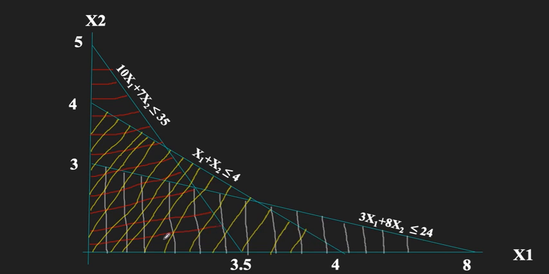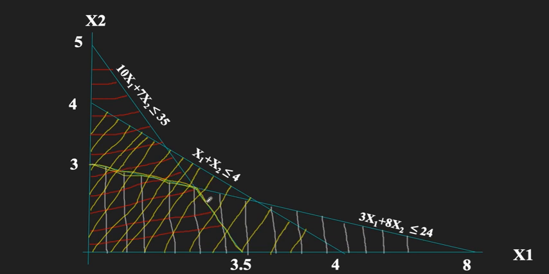Now if we see which is that area where we find all these lines, yellow, red, and that grayish color somewhat. This is the part where we find all these lines intersecting each other.